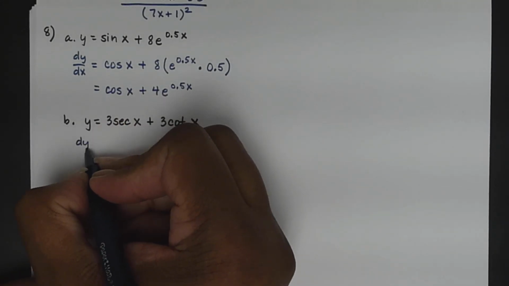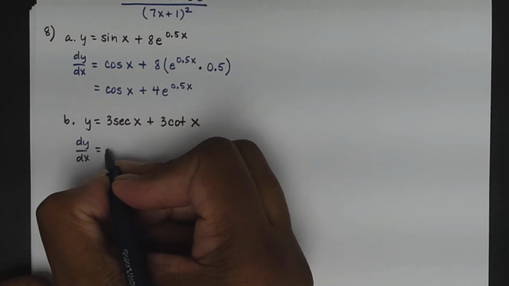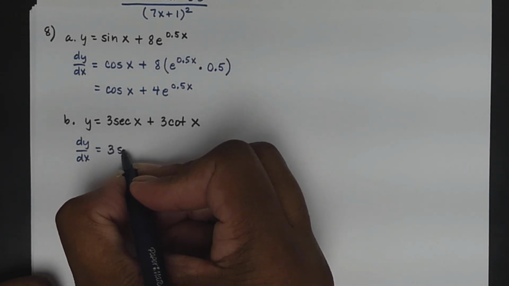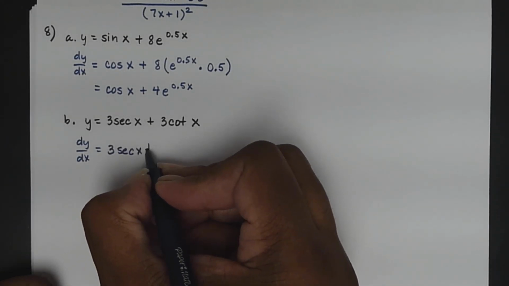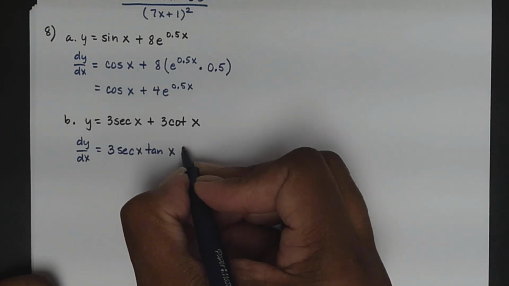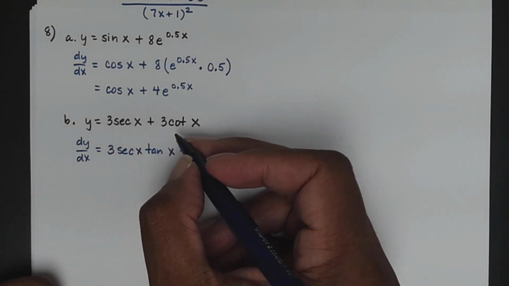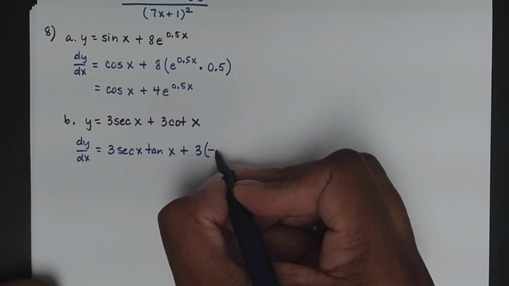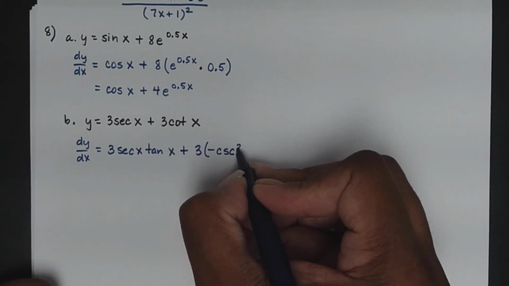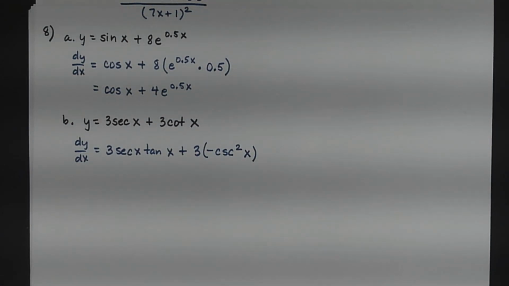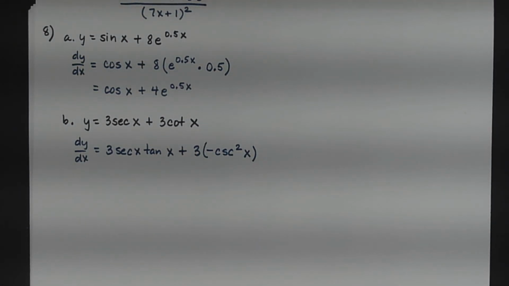So in this case here, dy dx. Bring the 3 down. The derivative of the secant of x is this: the secant of x tangent of x. Plus, bring the 3 down. The derivative of the cotangent of x would be simply negative cosecant squared of x. Negative cosecant squared of x.